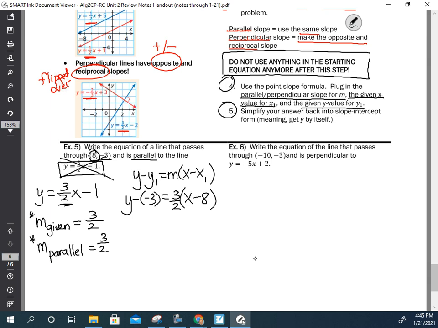And lastly, simplify the answer back into slope-intercept form. So 2 negatives turn to a positive, so y plus 3 equals 3/2 parentheses x minus 8. Then we distribute. 3/2 times x is 3/2x. 3/2 times 8: 3 times 8 is 24, 24 divided by 2 is 12.